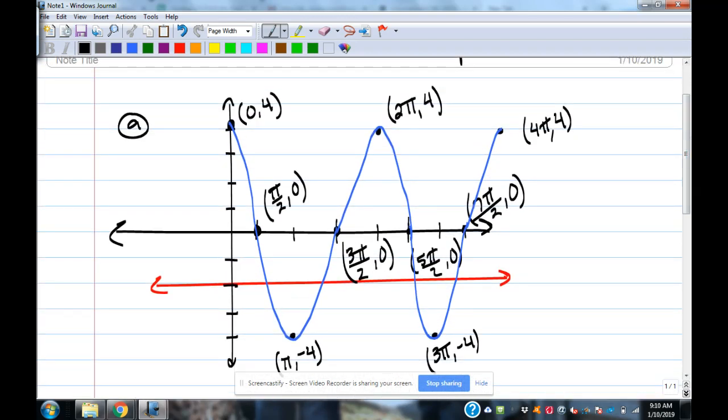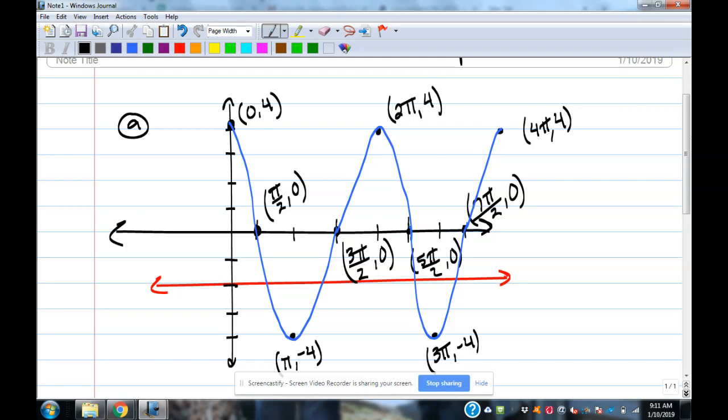What does that even mean? What does f of x greater than 0 mean? What part of the graph are they talking about? The y values. It asks, where are the y values greater than 0? So where are the y values greater than 0? In a general sense, that's what we're saying.